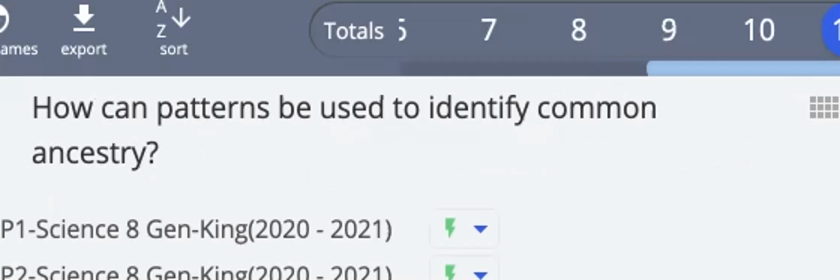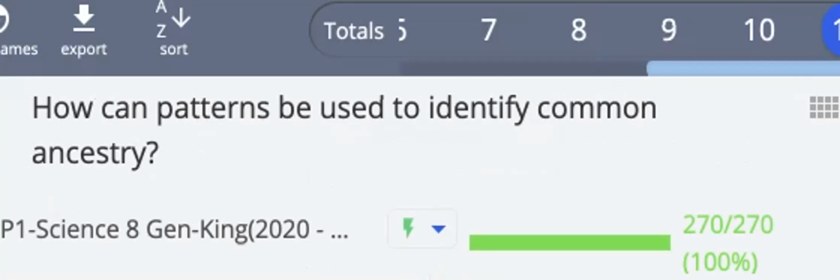Okay. All right, our final question was, how can patterns be used to identify common ancestry? Now, ideas. I know I don't really like the way STEM Scopes worded this question, but you guys do a good job answering it anyways. So what do you think? How can patterns be used to identify common ancestry? Let me say this better.